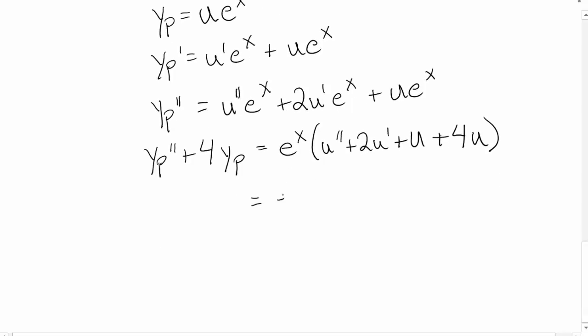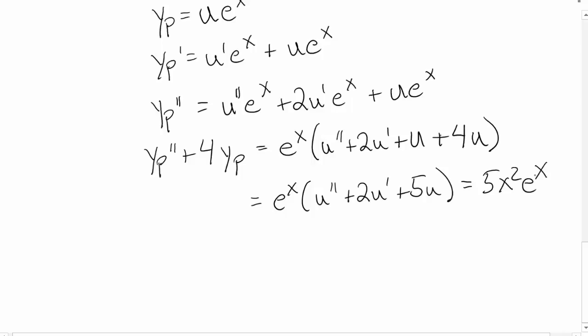Combine like terms, this means e to the x times u double prime plus 2u prime plus 5u better be equal to what I want, and again, the right-hand side of my DE, that non-homogeneous part, is 5x squared times e to the x. Well, now both sides have e to the x, and so I'll divide both sides by e to the x. e to the x is never 0, so I don't have to worry about that.